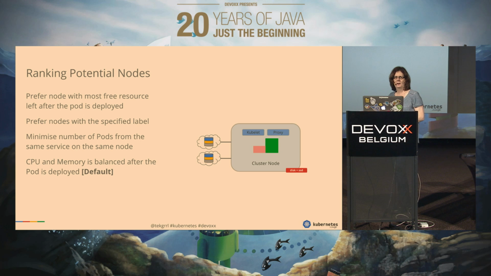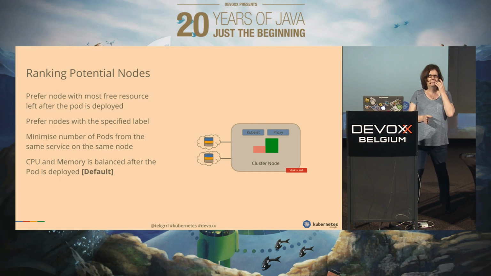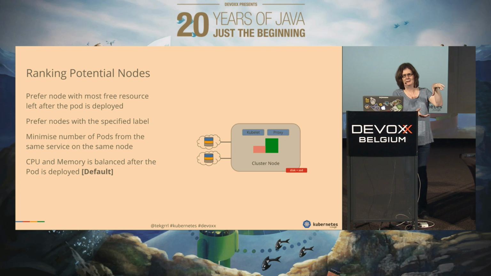But we can also prefer the node that will have the most free resources left after the pod has been deployed, or prefer nodes with a specified label. Or we can try to minimize the number of pods running on an individual node for each service. So if we have a service that has 10 pods and we have 10 nodes, we won't run all 10 of them on one node, making it extremely dangerous if that node goes away. So there are different policies, and you can even write your own policies for this. It's called admission control.